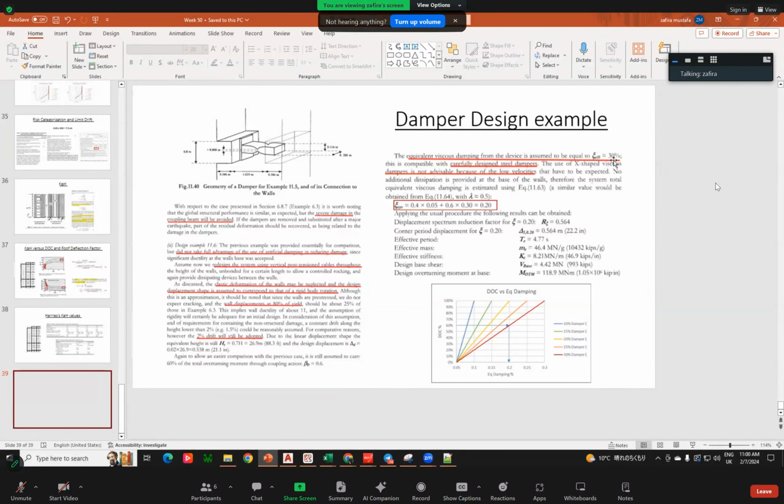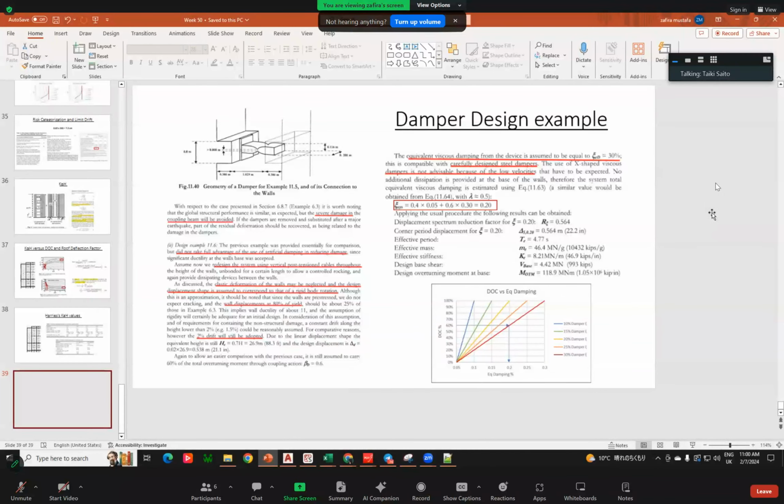For example, in this example, they change the coupling beam with a metallic damper. Previously, the original degree of coupling, DOC, of that structure with the coupling beam was around 60%. So the target damping for the damper is about 30%. Then they calculate the equivalent damping of the system based on this equation. This 0.5 is for the wall, and this one is for the coupling beam. If they change the coupling beam with the damper, they change the percentage with the damper equivalent damping, and then they get the new equivalent damping of the system.